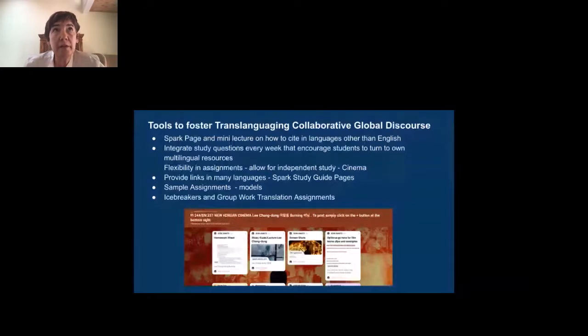So it started to be that students were getting intimidated if they didn't know Chinese, even though everything is in English. So I started setting up group work and translation games that would encourage the Chinese-speaking students to work with the non-Chinese-speaking students and collaborate and look at language and translation.